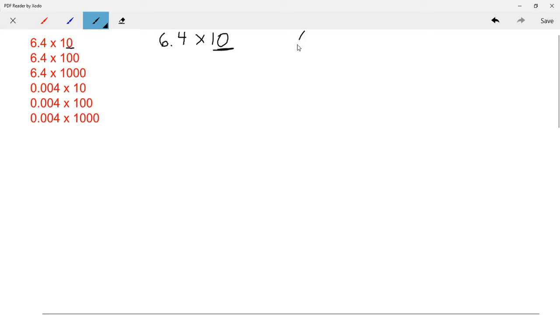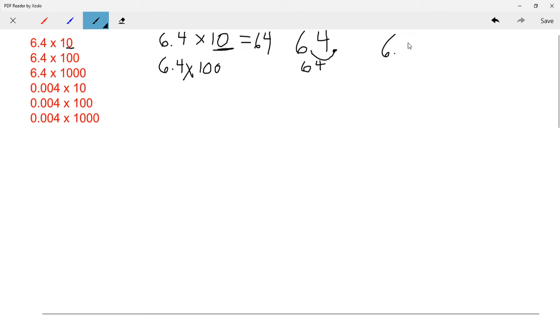So 6.4, I would move the decimal here, and then it becomes 64, right? Because there's 1 zero, so I hop one time.